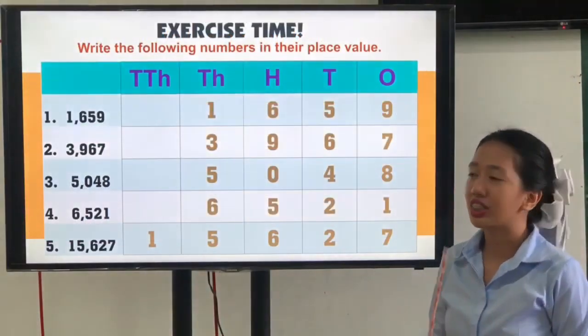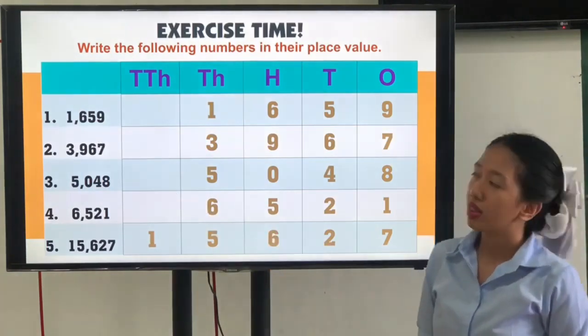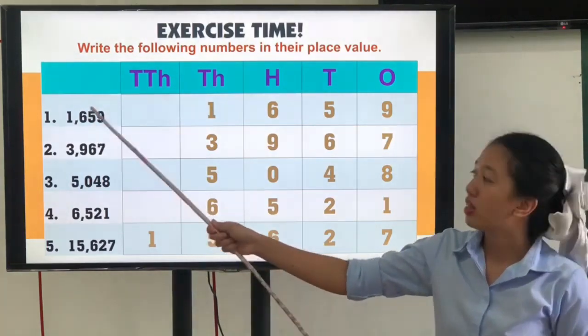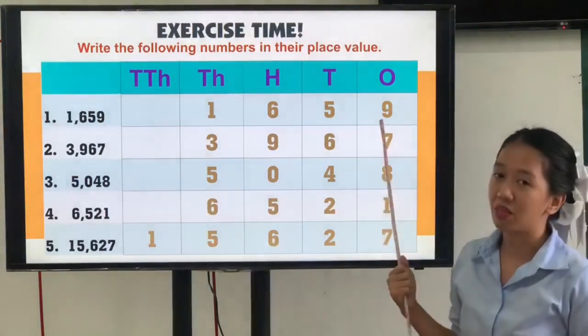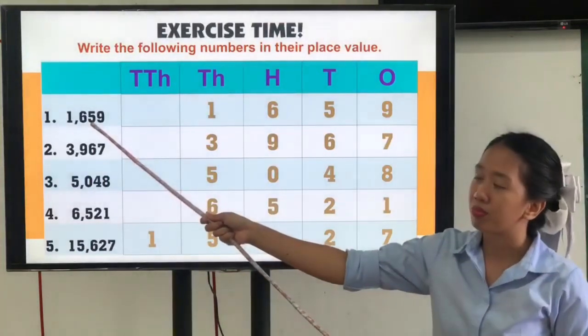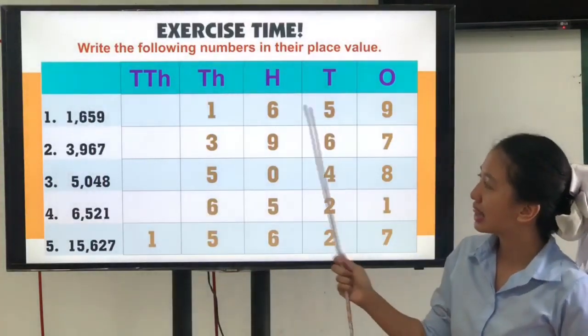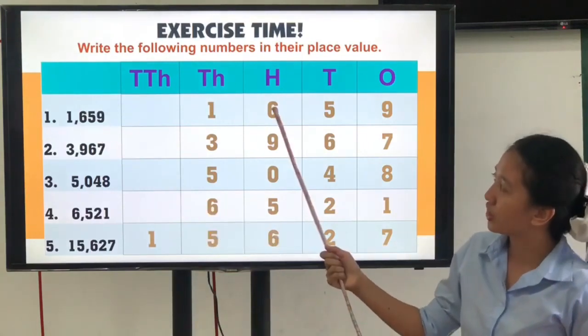Okay, now let's check your answer. For number 1, what is the value of our 9? Okay, we will put it in our ones. How about our 5? Tens. Our 6 is 100.